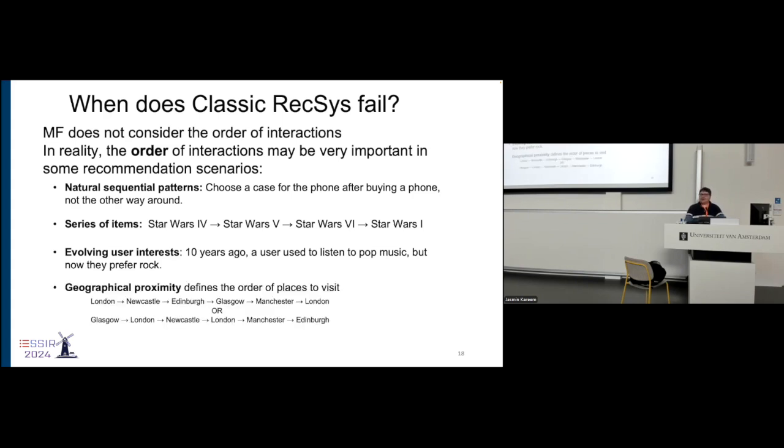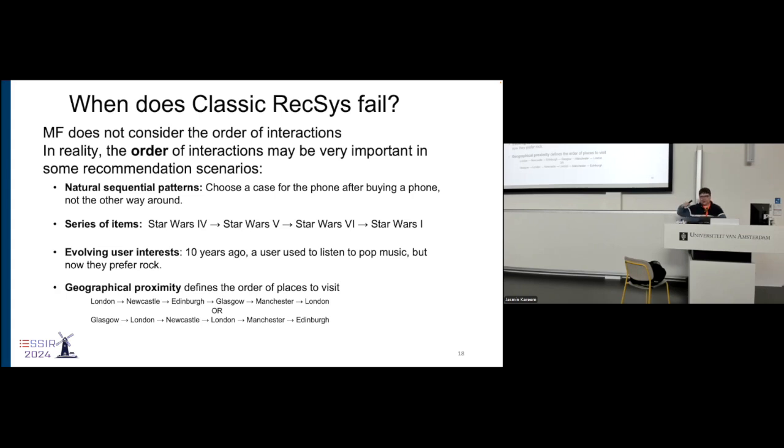Another quite popular example where sequential order is very important is geographic proximity. For those familiar with the geography of the United Kingdom, the first route going around the United Kingdom makes much more sense because it starts from London, goes around the island, and then is back to London.